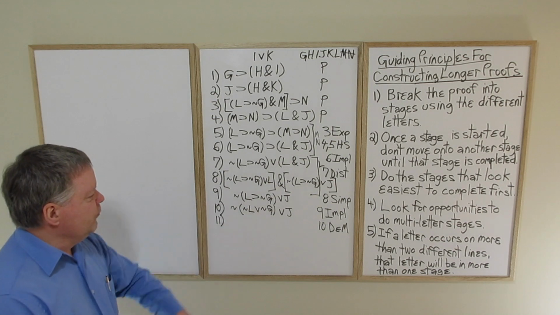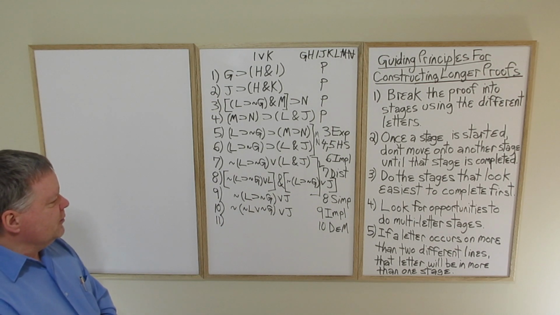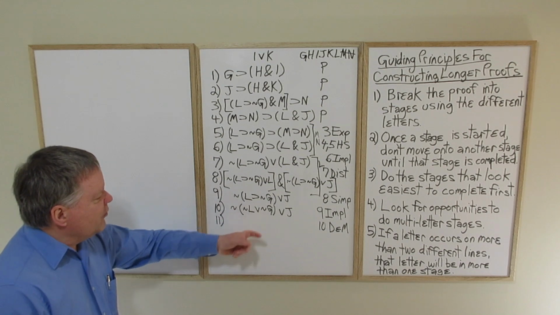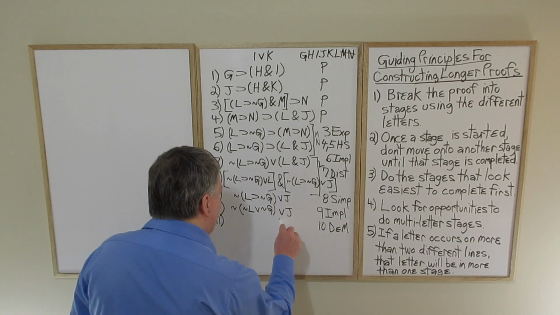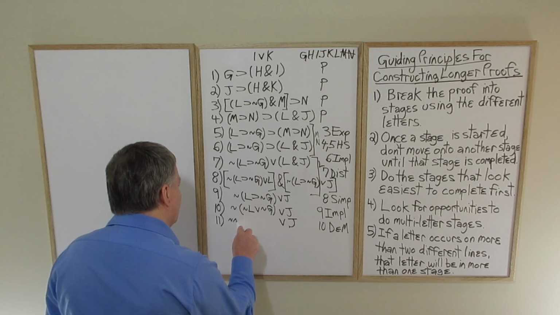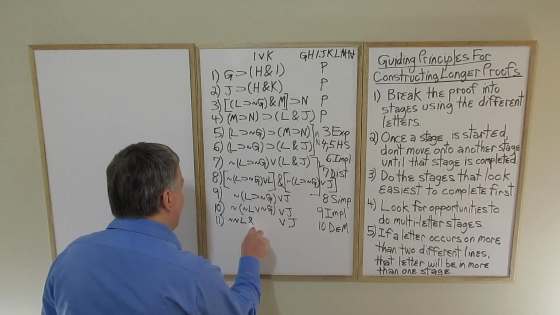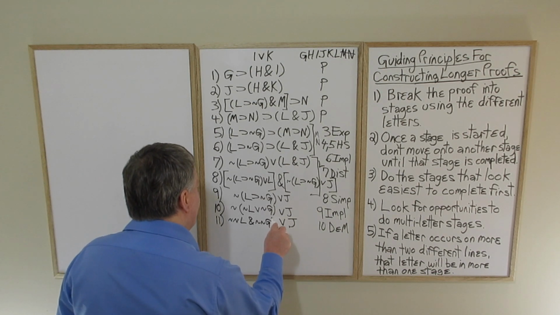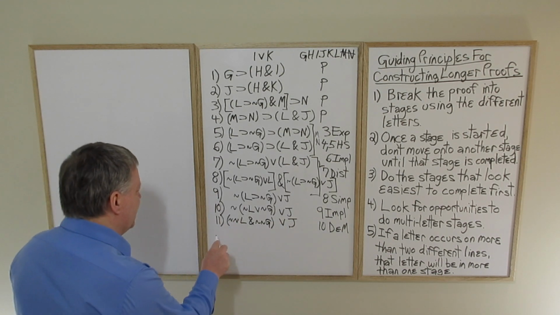This is an interesting situation. There are 2 different kinds of De Morganses we can do here. We can either do a De Morgan's on the entire disjunct, which will give us tilde, tilde L, and tilde, tilde G. Let's do it that way.